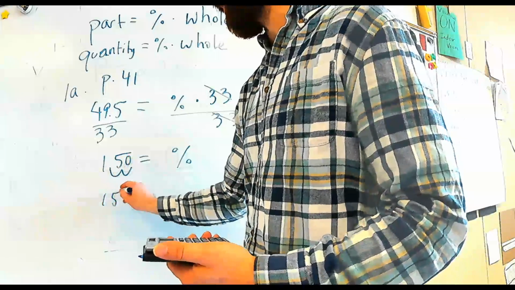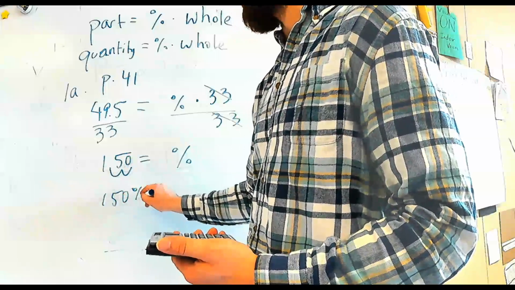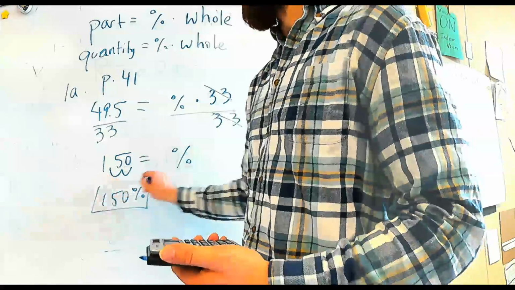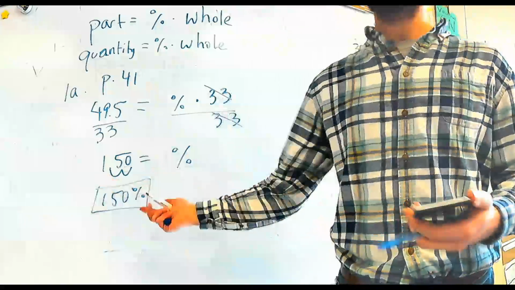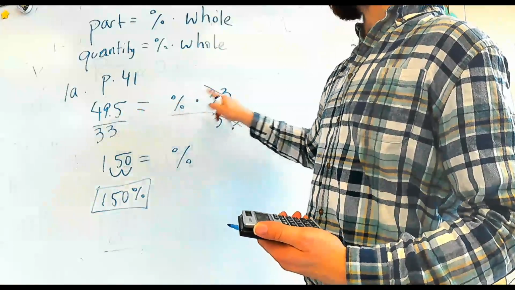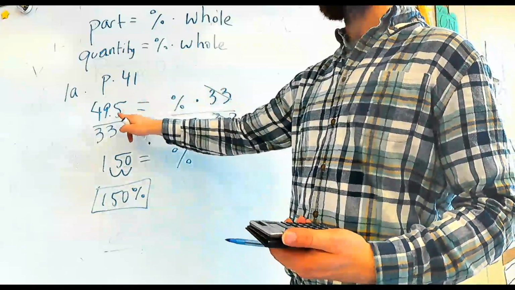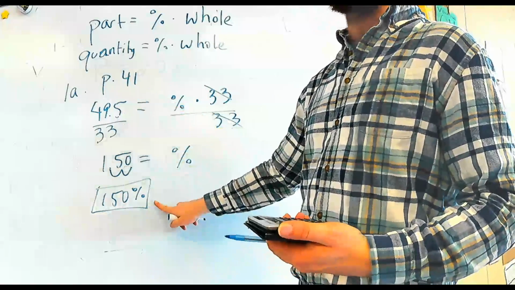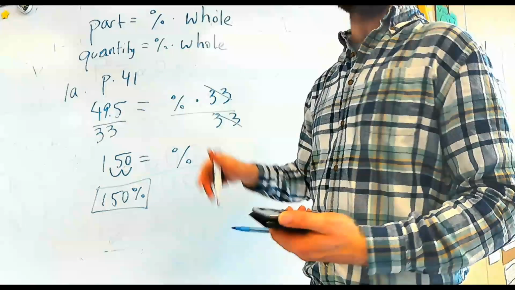That's 150, and you put the percent sign there. It equals 150%. So 49.5 is what percent of 33? 49.5 is 150% of 33.